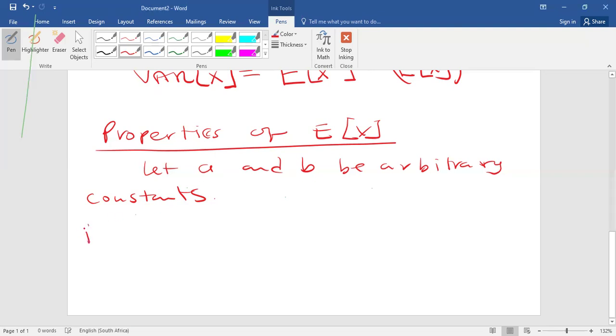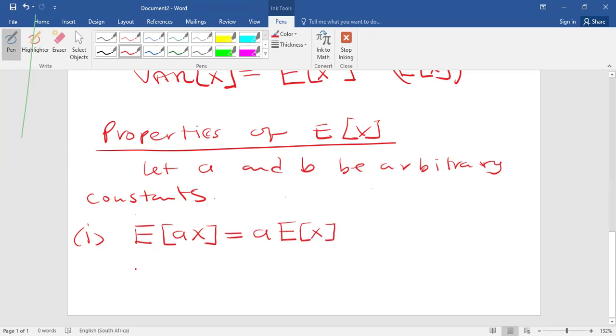The first property is that if you have the expected value of a constant attached to the variable X, you can remove this constant outside and have the expected value of that. This is property number one.